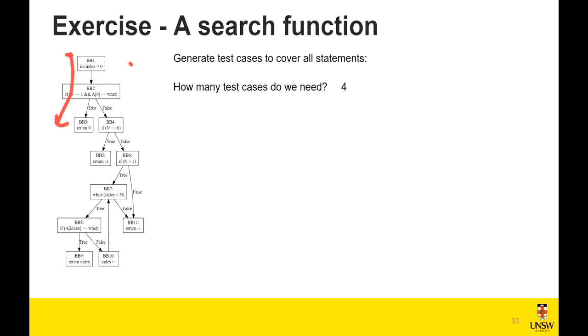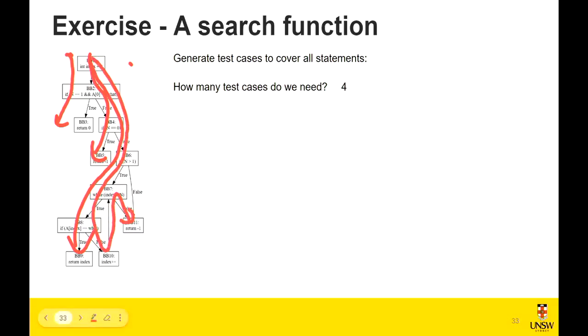So this is one test case. This is the second one. This is the third one. This is the first one. So 1, 2, 3, 4. So we need 4 test cases.